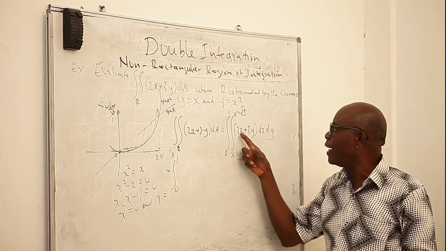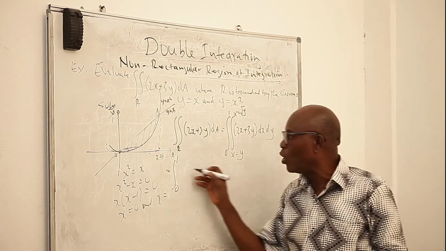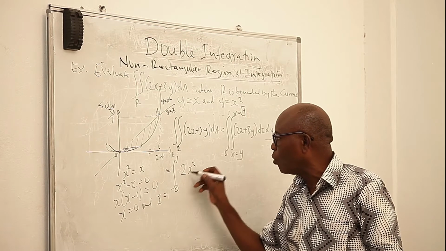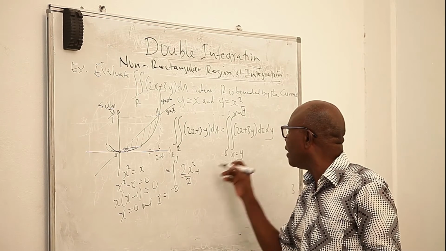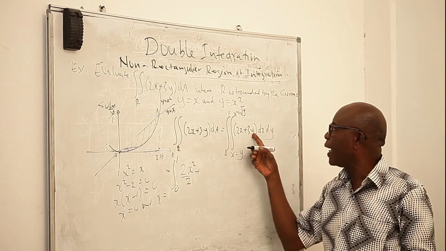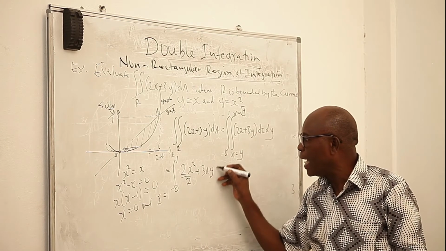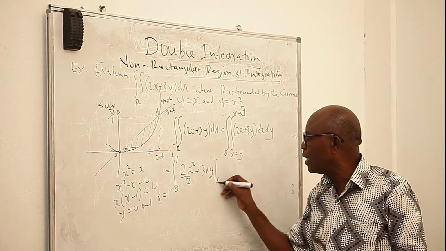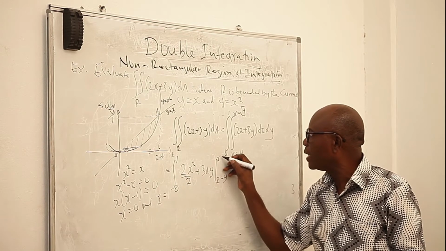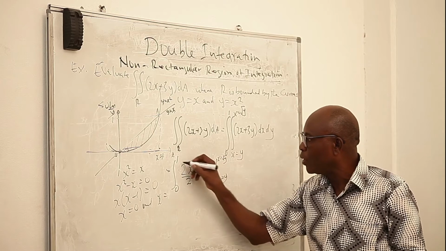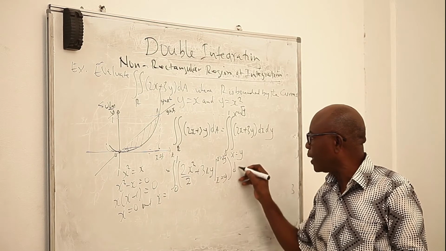So if you integrate 2x with respect to x, you're going to get 2x squared over 2, plus, if you integrate 3y with respect to x, you get 3xy, and the limit is from x equal to y to x equal to root of y, all times dy.